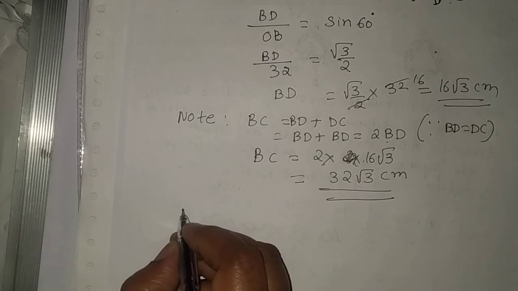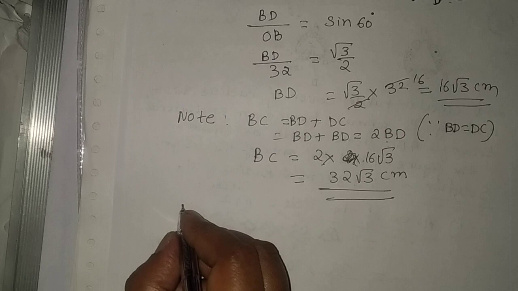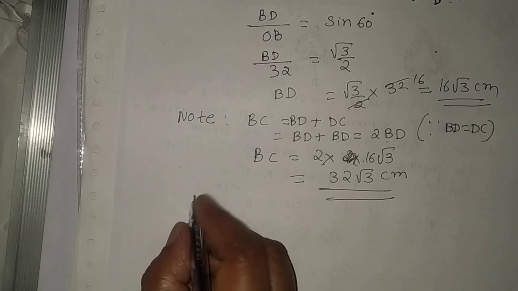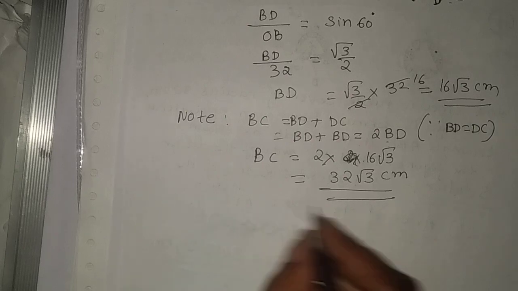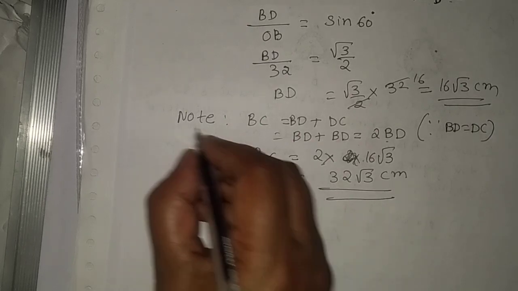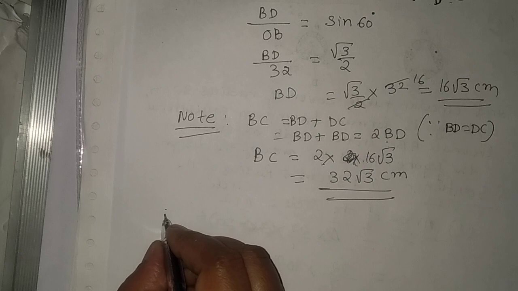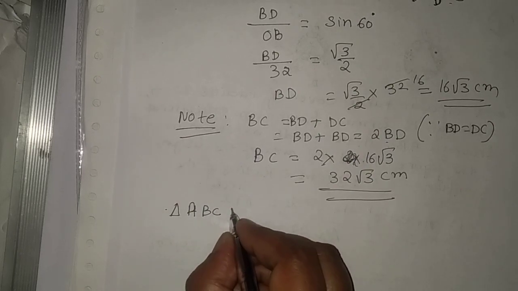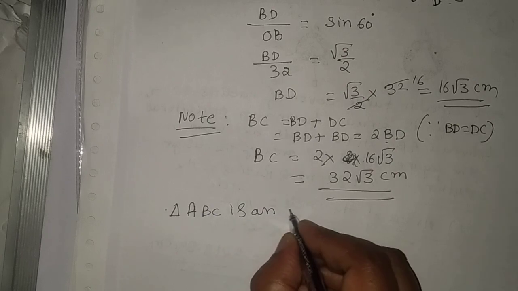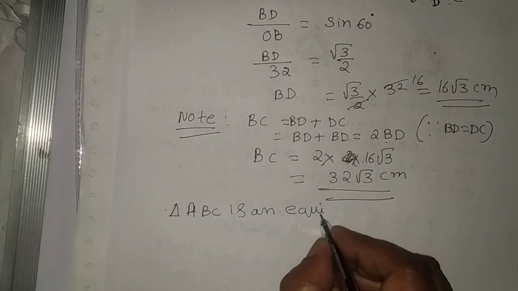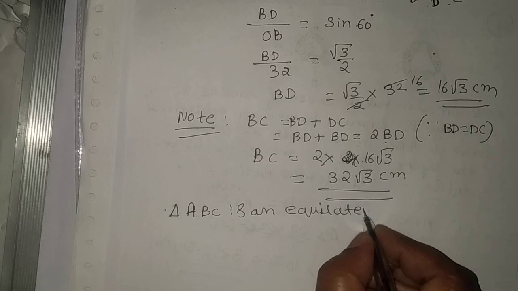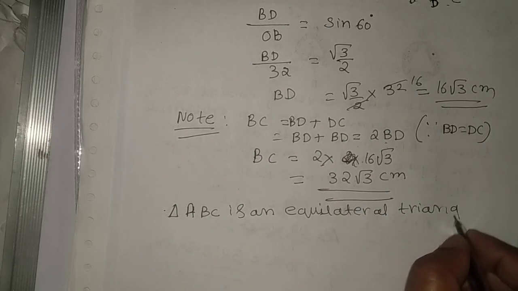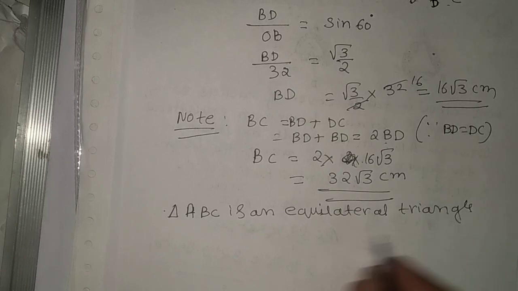Next, since this is an equilateral triangle, I'll write a note here also. Therefore, triangle ABC is an equilateral triangle, so each side will be the same.